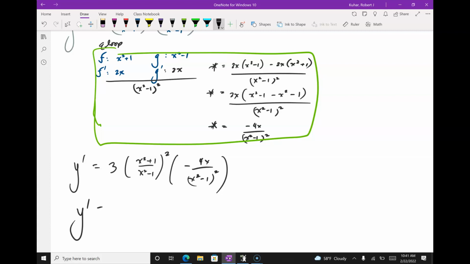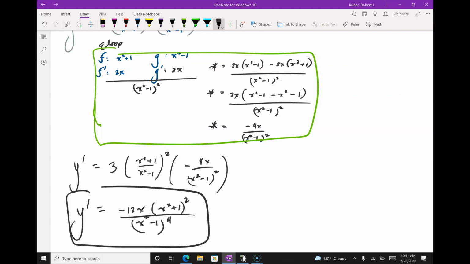Nice. So I'm just picking pieces from the numerator here, right? Minus 12x times x squared plus 1 all squared over x squared minus 1 all to the fourth. I want my derivative as a single fraction, completely factored.